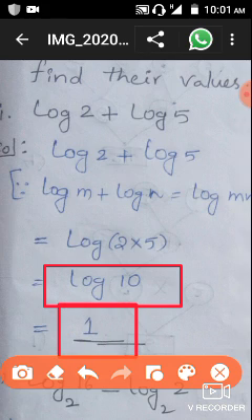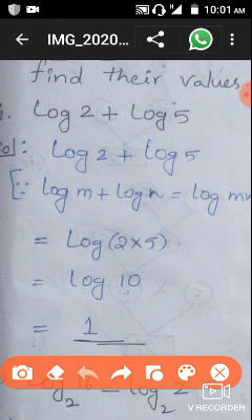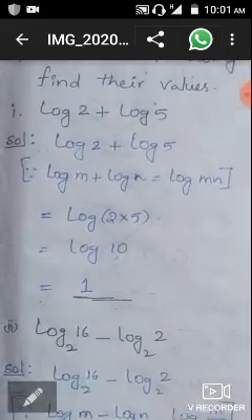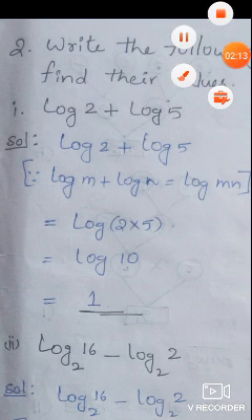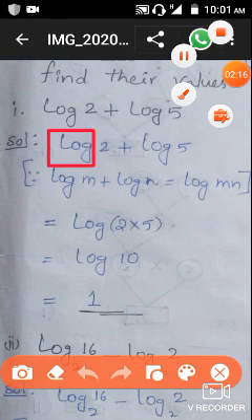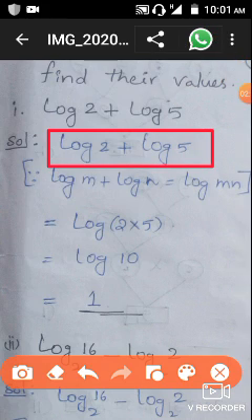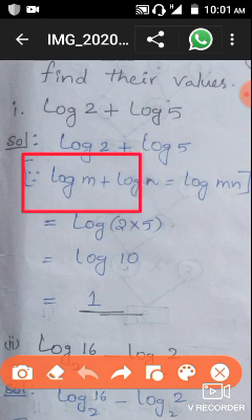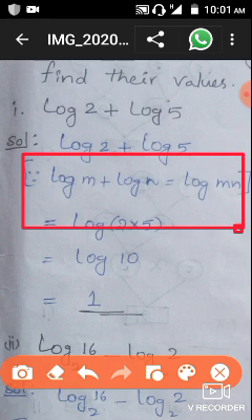I repeat the solution. The question is log 2 plus log 5. We should write log in one term. We already read the laws of logarithms: log m plus log n equals log mn.